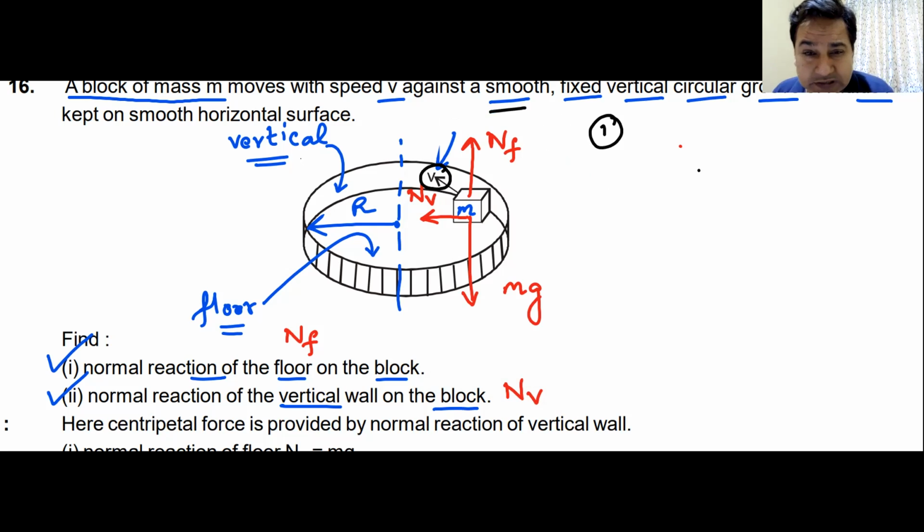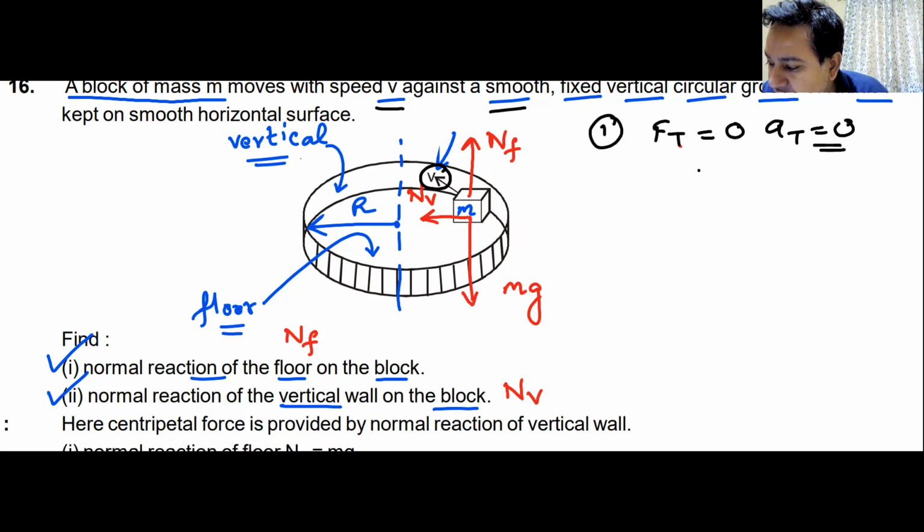And this body is moving on a smooth floor. Will there be any tangential forces? It is also moving with a constant speed v. So there cannot be any tangential force because it is moving with a constant speed v. And I also don't see any force coming there. So the equation in the tangential direction is Ft = 0, a_t = 0, and speed v is constant.